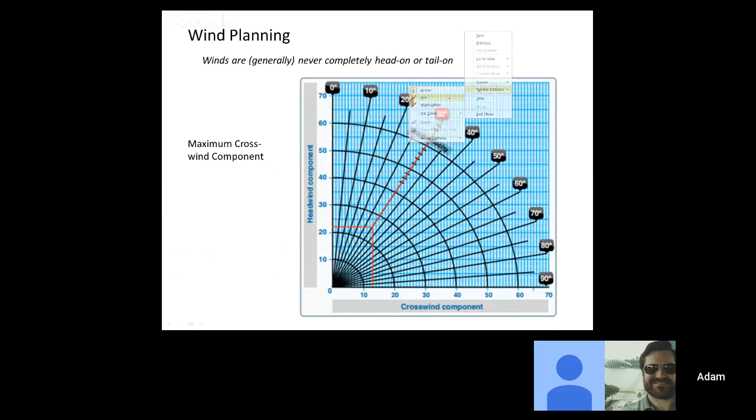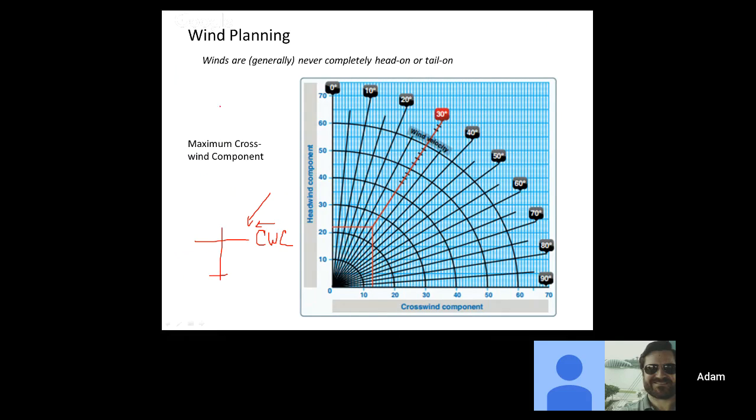And maybe you guys have heard that before when we're talking about commercial airliners, but your aircraft, based on its design limitations, will be able to only sustain safe flight with a certain crosswind component. And what this particular graph does is calculate what the crosswind component is that you're dealing with based on the winds at your location.